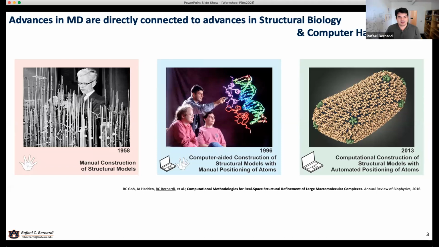For instance, here you have Lord Kendrew, with balls and sticks, trying to get the whole structure of hemoglobin. It was much different from the 90s, when we started to use computers more frequently. And we got to points in recent years where without computers you cannot think about solving these structures, because they get too complex. So how can you develop a simple tool to help with all these steps? You want to get to this level here, the 2013 level that I show.